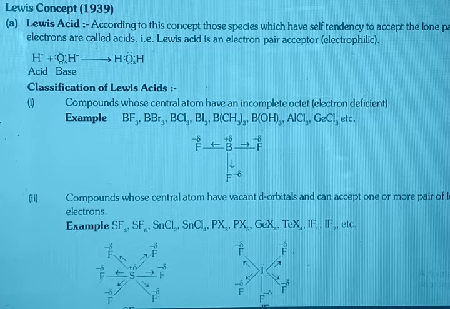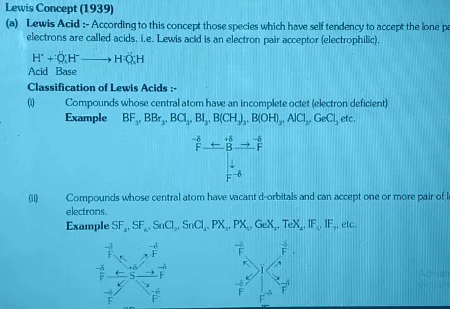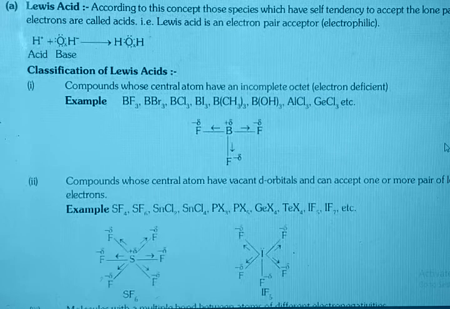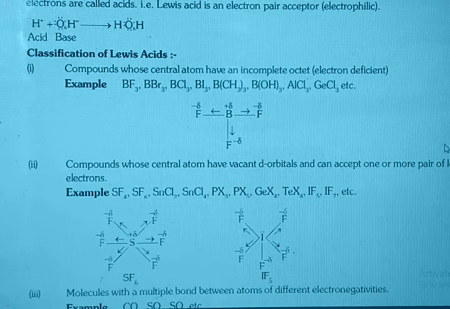Here H plus is the acid, but OH minus can also be considered in terms of electron pairs. If you classify Lewis acids, you can see BF3, BBr3, BCl3, BI3, B(CH3)3, B(OH)3, AlCl3, GeCl3, etc. These all have a tendency to accept an electron pair, so they are Lewis acids.